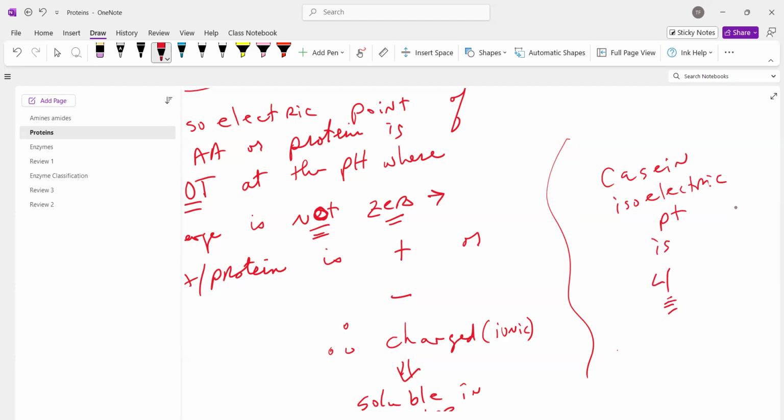That means when pH equals 4, the net charge on the casein protein is 0, or not charged.